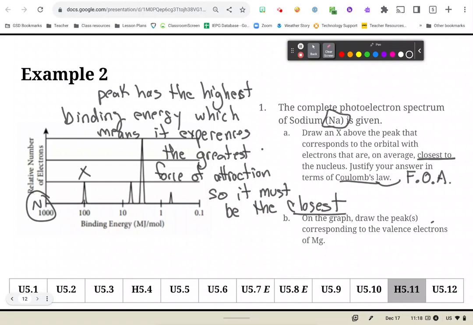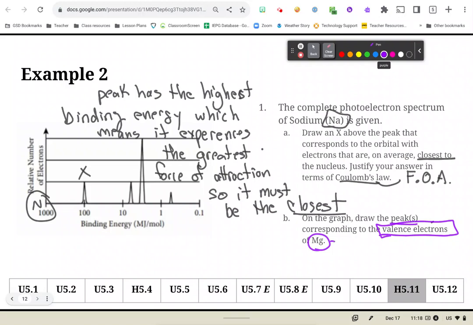The second part on the graph says to draw a peak or peaks corresponding to the valence electrons of magnesium. Here's the thing. We need to think about magnesium. This is sodium, so you have to think about the differences between magnesium and sodium.